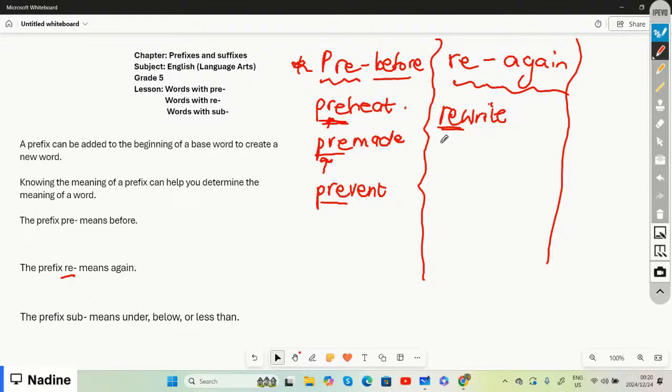If we were to rethink about something, so we rewrite something, meaning we write it again.